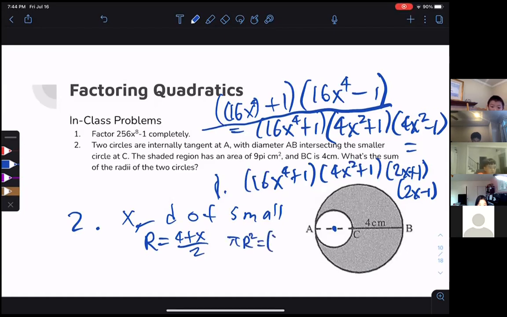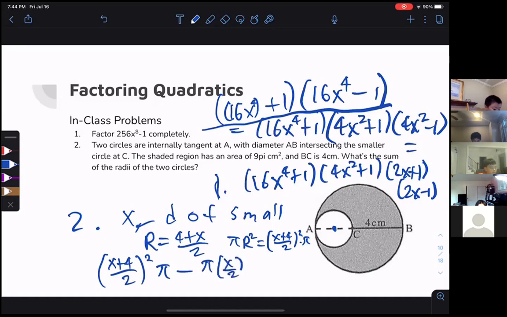The smaller circle will have area (x over 2) squared, times pi. The first one is the same as (x squared plus 8x plus 16) over 4 times pi. The second one is the same as x squared over 4 times pi.